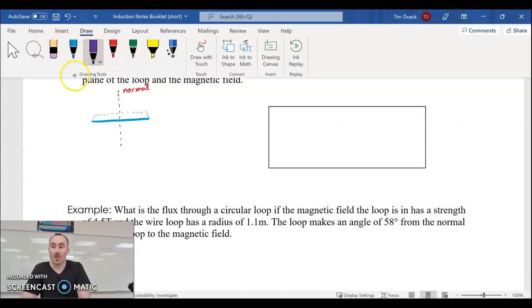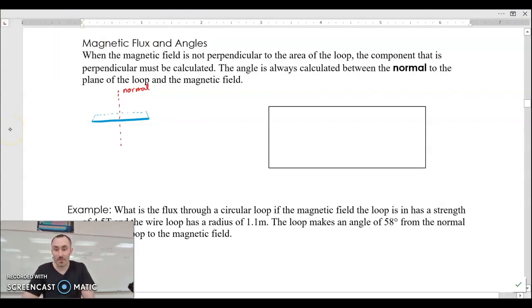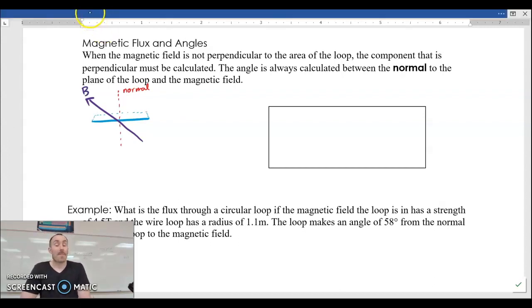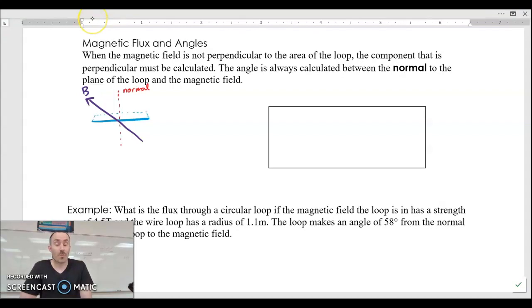Now, we are going to put in a magnetic field. Here's our magnetic field vector. It's right there. That's B for field. Now, this no longer works to figure out the amount of flux by using just B times A, right? Because we have to modify the amount of B that we're actually using, because not all of it is going straight through the loop.